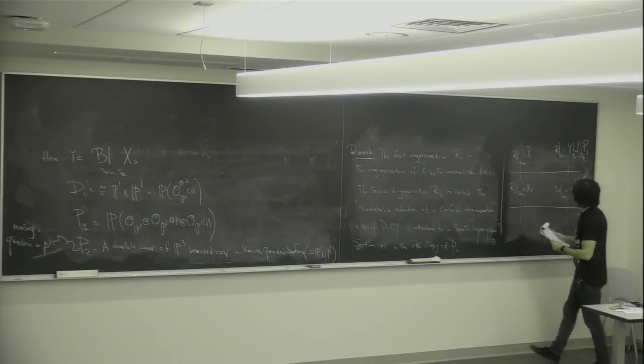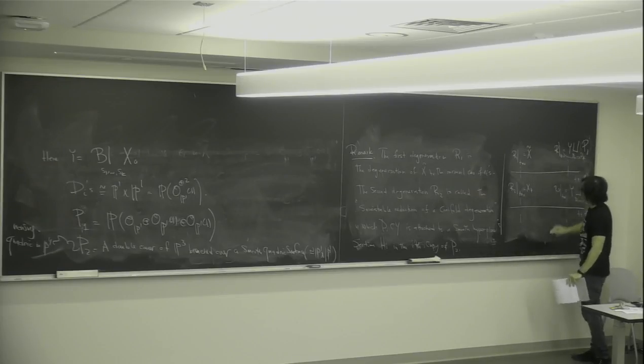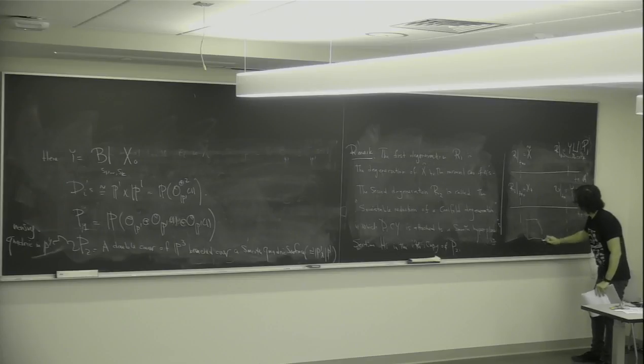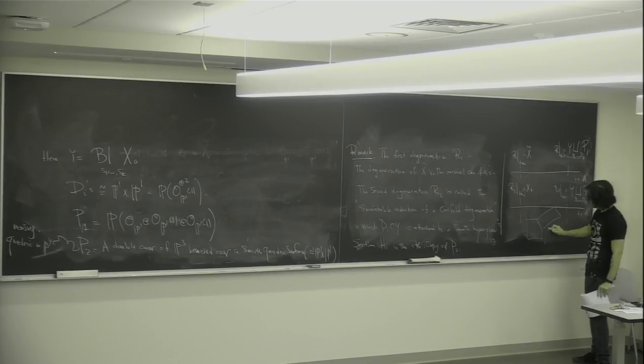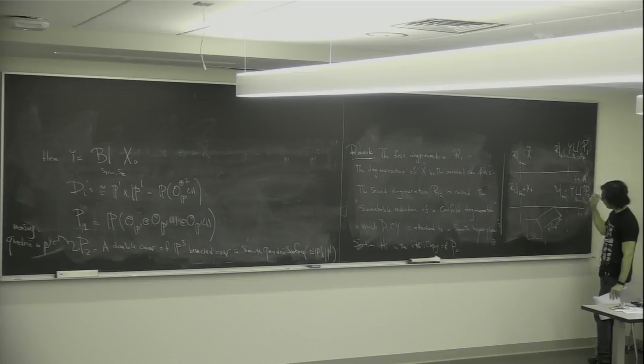If there were only one rational curve, this would be the projectivization of O of that curve plus its conormal bundle, the conormal bundle of E1 inside, in our case, X, which is O_P1(1) plus O_P1(1).